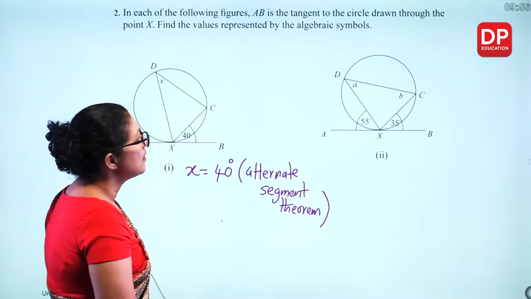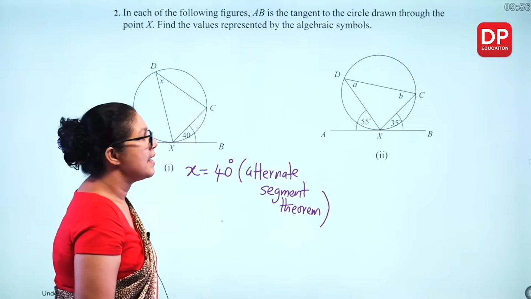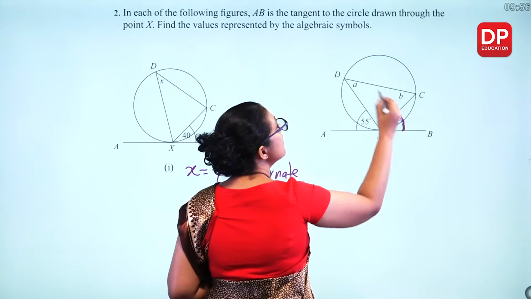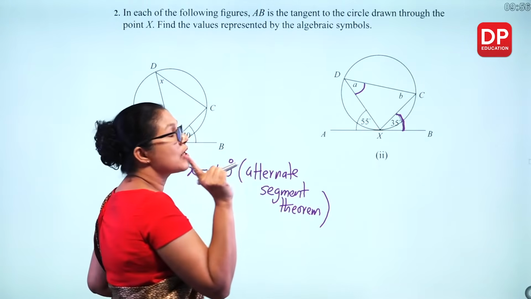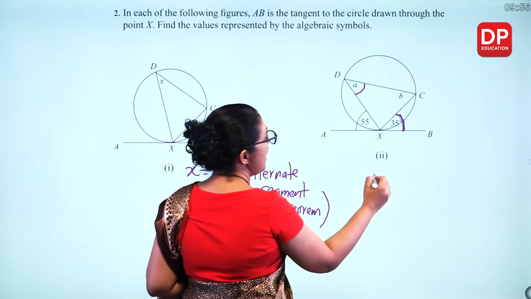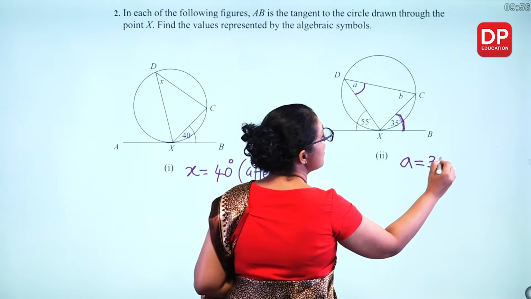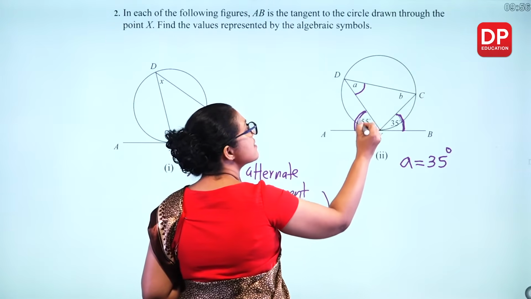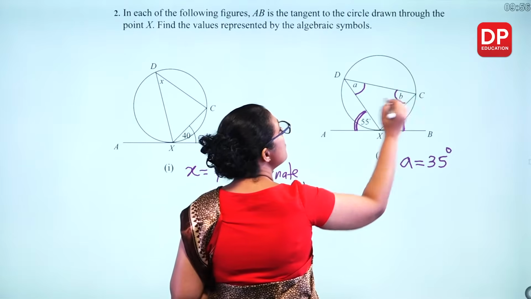Second part, you are asked to find A and B. So here to this angle, this is equal because of alternate segment theorem. So A equals 35. And what about this angle? This B is the angle B here.